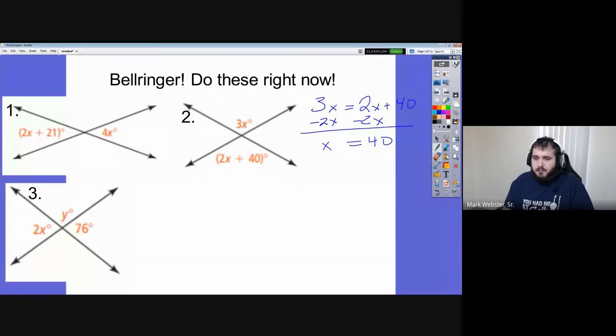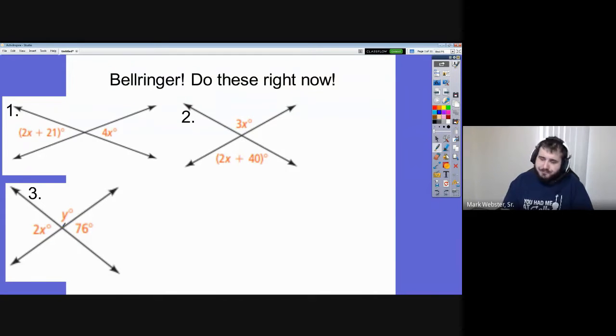Okay? Now with this third problem, the way that it's set up, you've got to find an x and you've got to find a y, right? Now, I'm not going to tell you that there's only one way to do this, because there's not. There's plenty of ways you can do this. But to me, the easiest thing to do first is find y. Because remember, these two add up to 180, right? Well, what plus 76 equals 180?